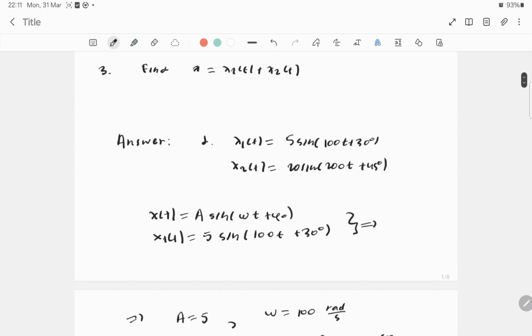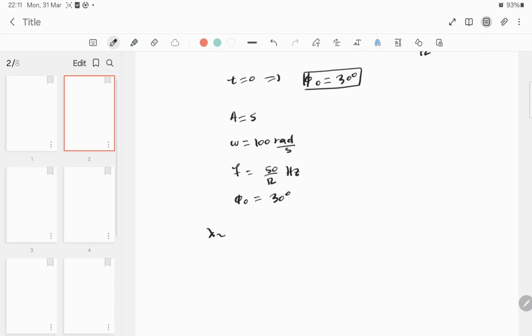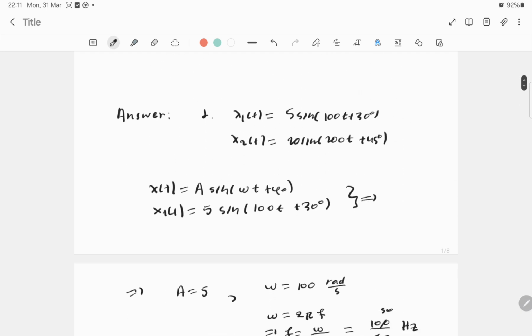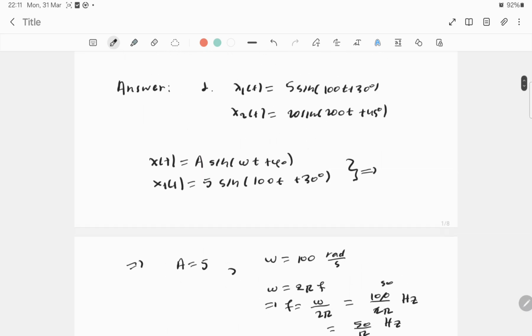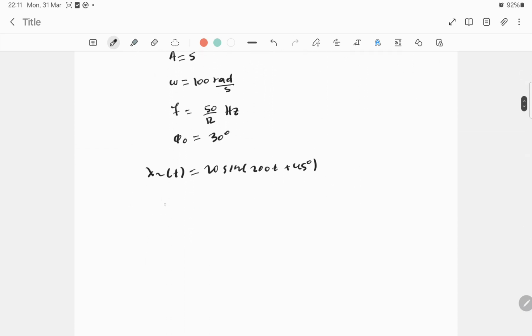And the other signal is x2 of t equals 20 sine(200t + 45 degrees). The general form is A sine(omega t + phi 0).